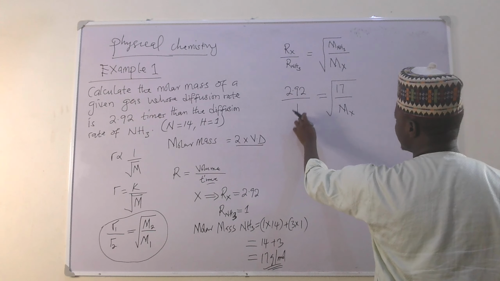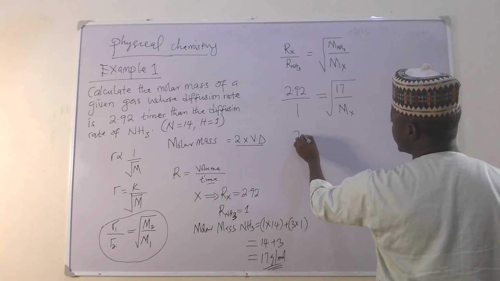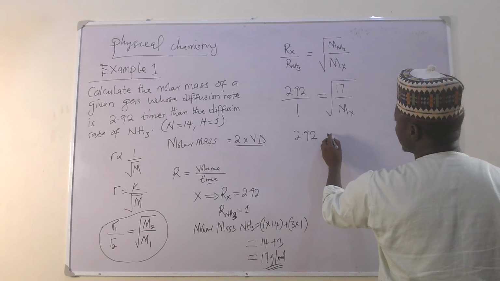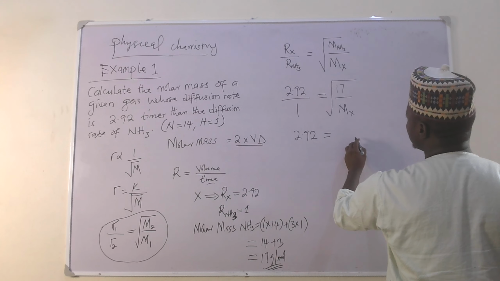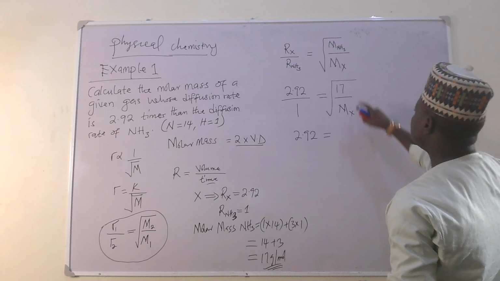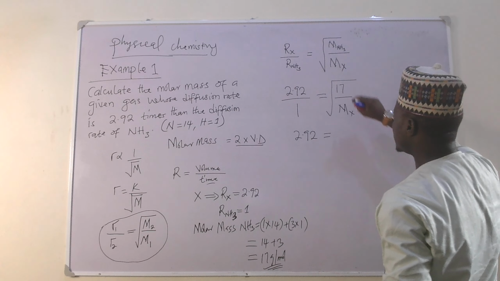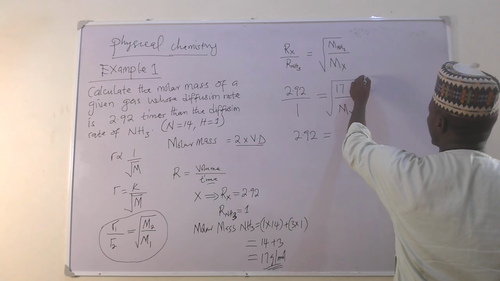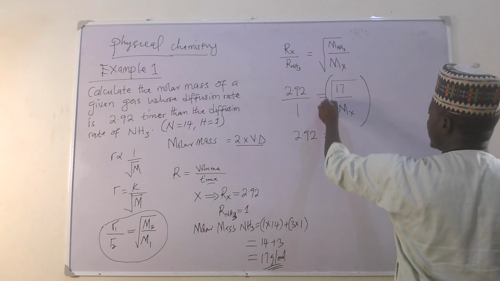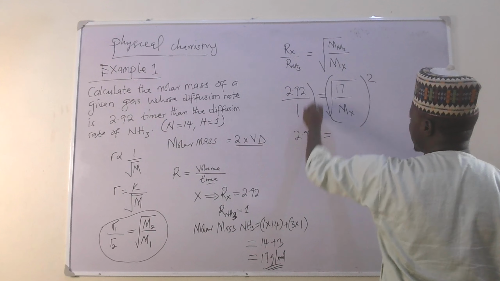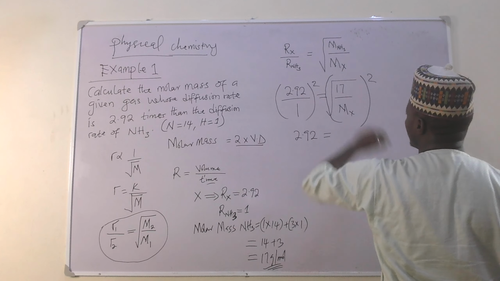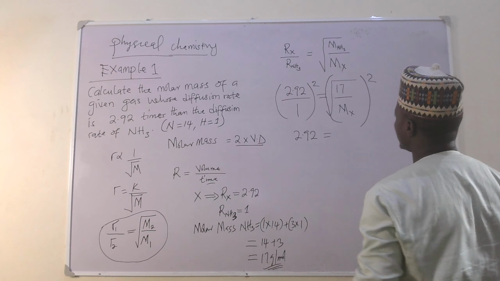So therefore, this divided by this is going to give us 2.92, and since here is a square root, we can now remove the square root by squaring both sides of the equation.